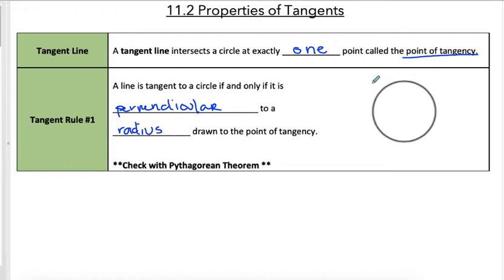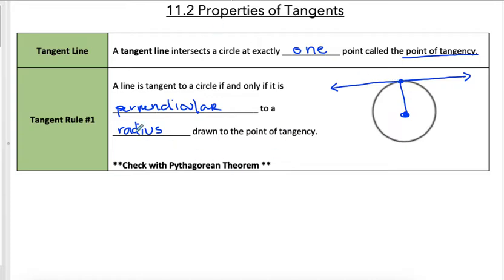All right, so if I have a line like this, and I'm going to cheat and move it so that it doesn't look like it's intersecting twice. I'm wondering, is this really a tangent, or has my eye deceived me and it's really closer and hitting twice?